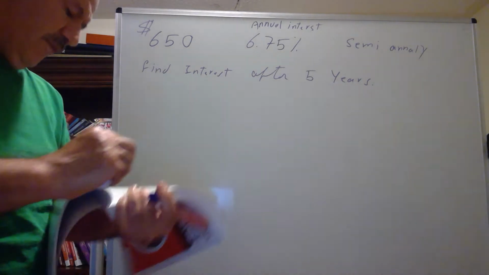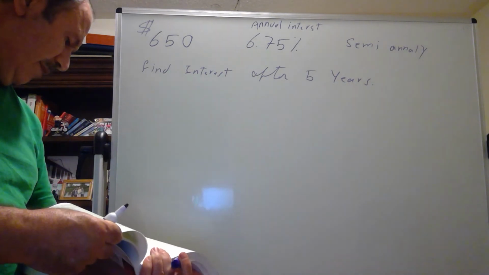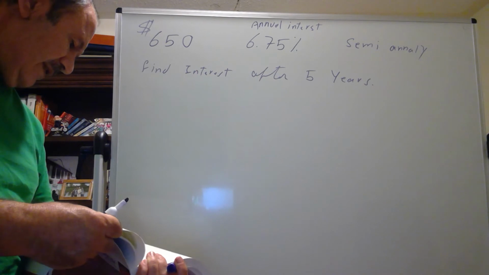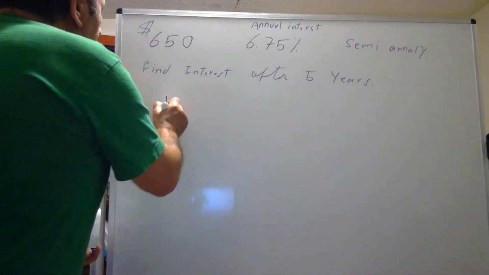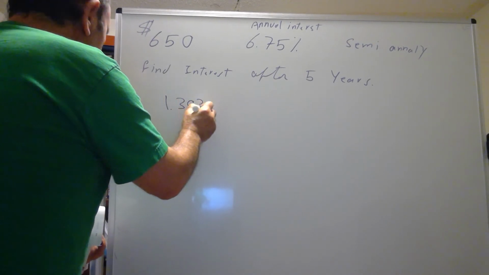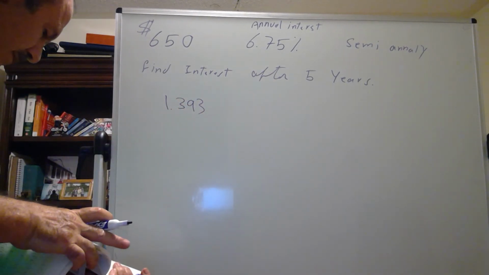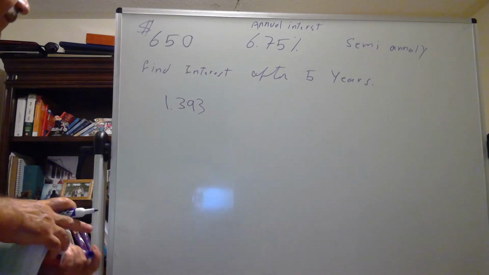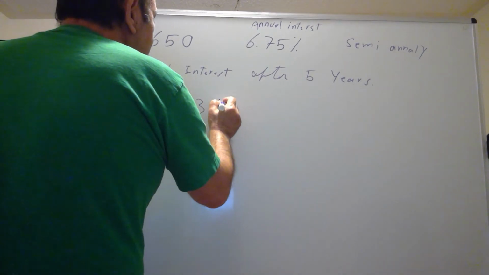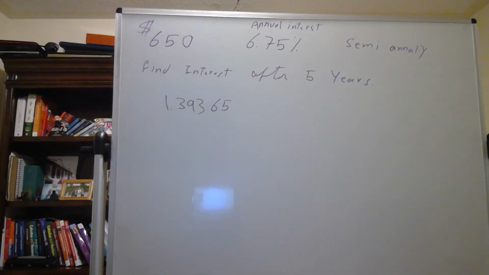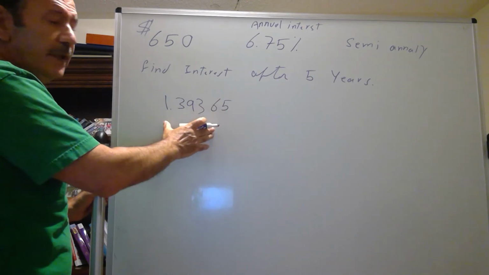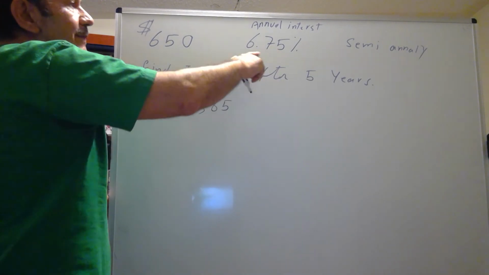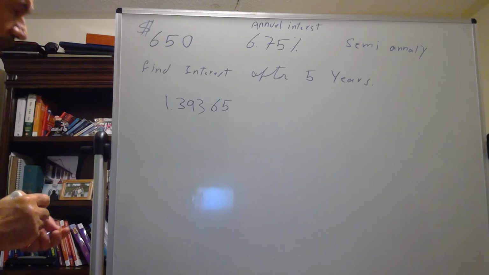The number that I'm finding in this table for 5 years and 6.75% rate is 1.39365. This is the number in the semi-annually compound interest table.